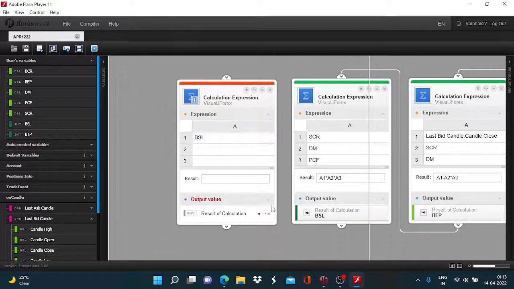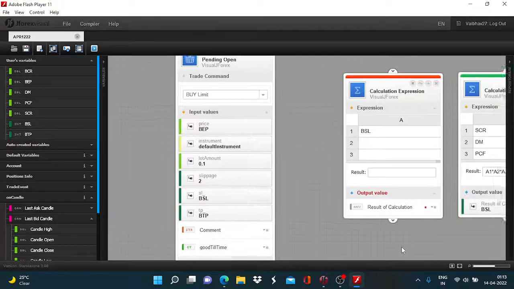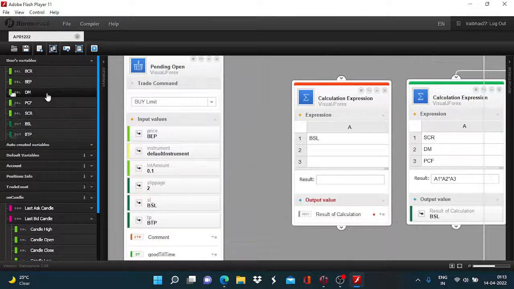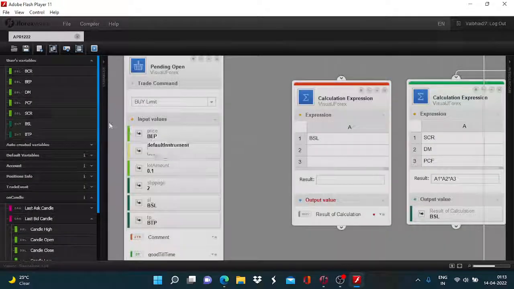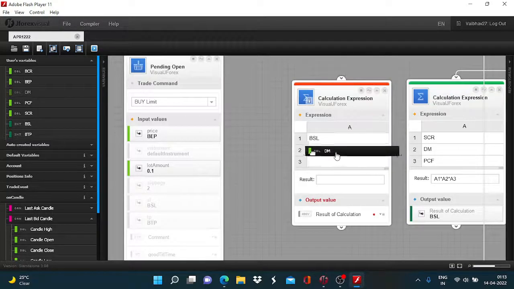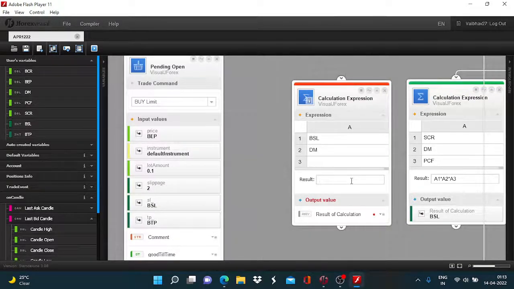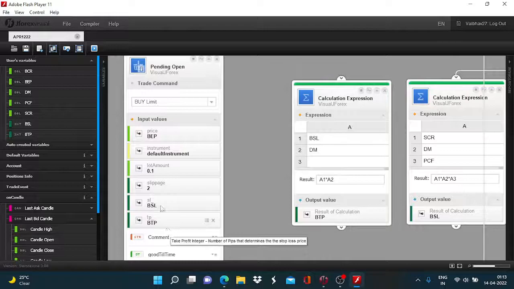And we multiply it with 2, and that will be our take profit. So this is the variable with the start value of 2, A1 into A2, and the output value will be assigned to this variable BTP.